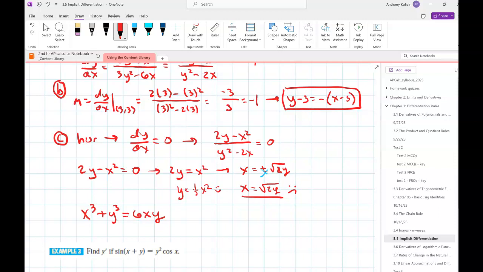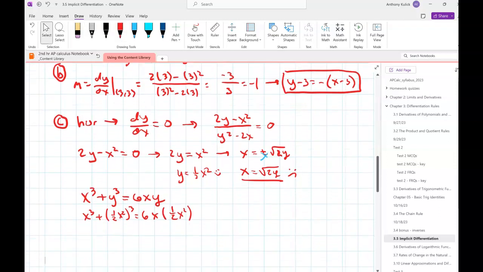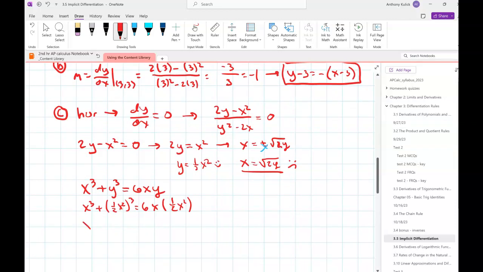But I don't mind cubing 1/2 x squared, right? That's a little bit nicer to me.